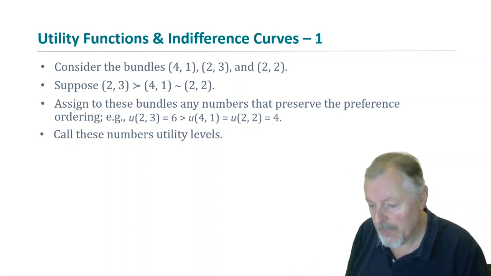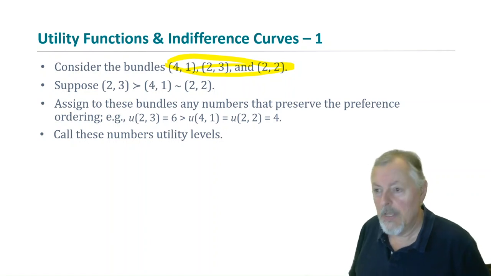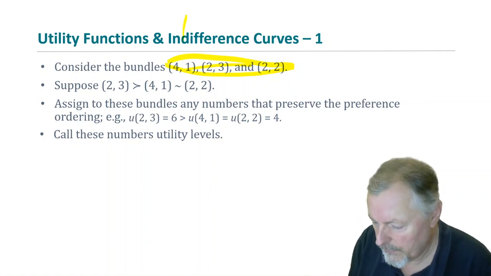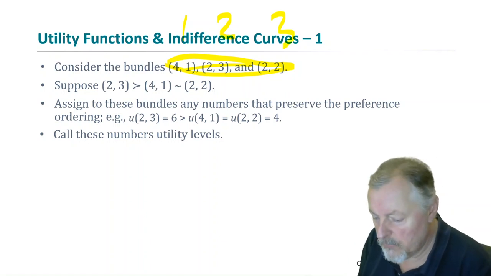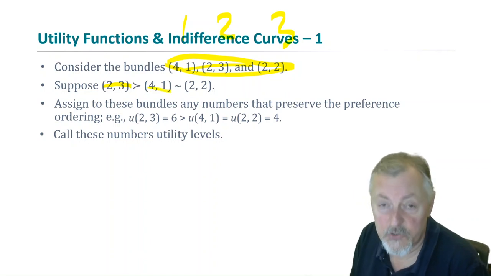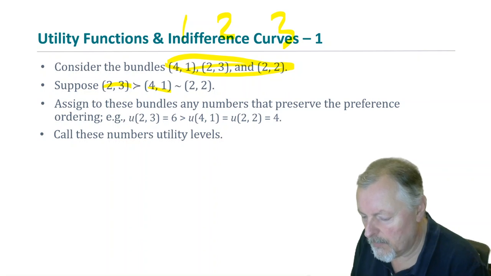All right. Consider these 3 bundles. Let's call them bundle 1, 2, and 3. Now suppose a person strictly prefers bundle 2 to bundle 1, and they're indifferent between bundle 1 and bundle 3.